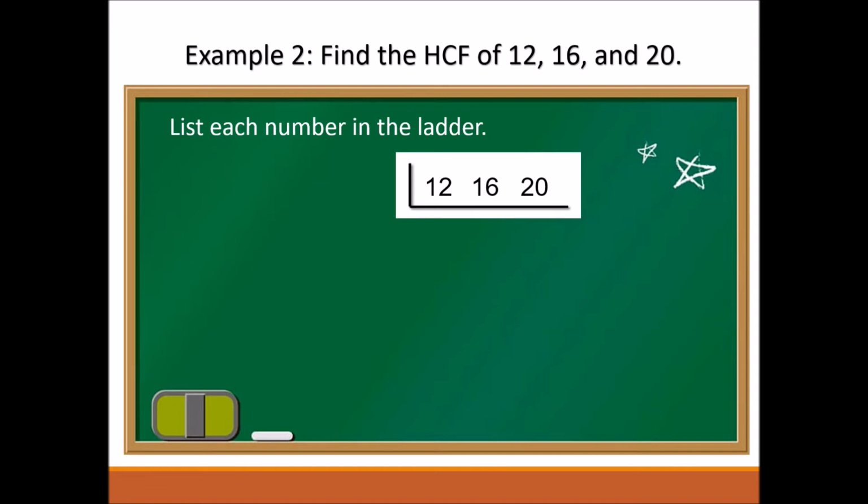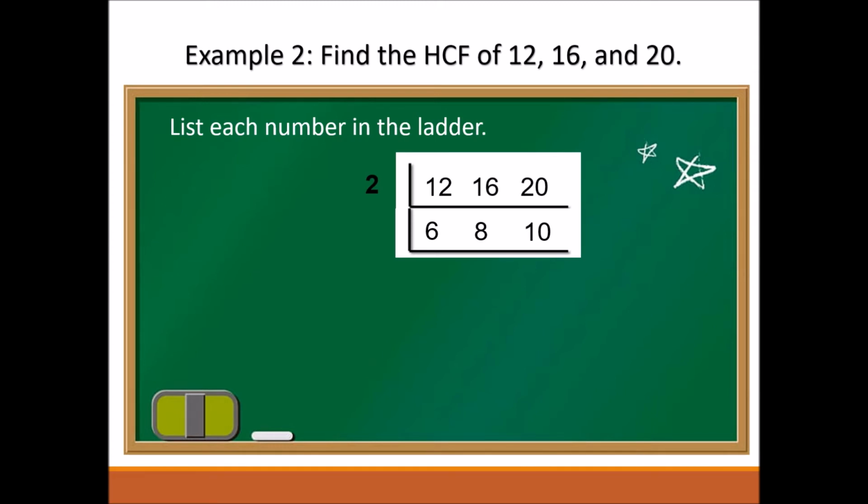Then find the common prime factor to use as our divisor. 12, 16, and 20 are divisible by 2. Yes or no? Yes. So, 12 divided by 2 is equal to 6, 16 divided by 2 is equal to 8, and 20 divided by 2 is equal to 10.